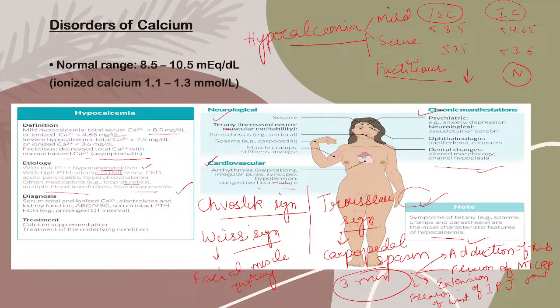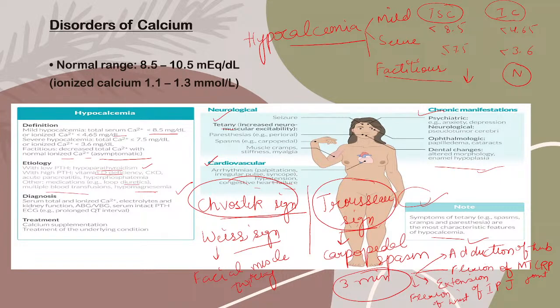So these four are the responses of carpopedal spasm. This is all about Chvostek and Trousseau signs seen in hypocalcemia.